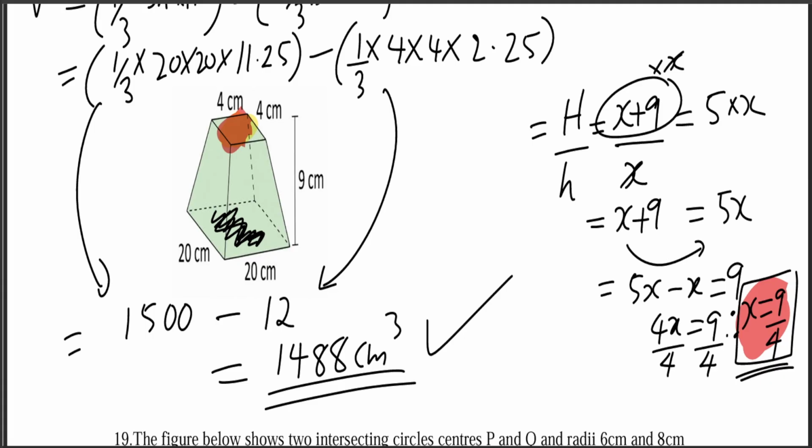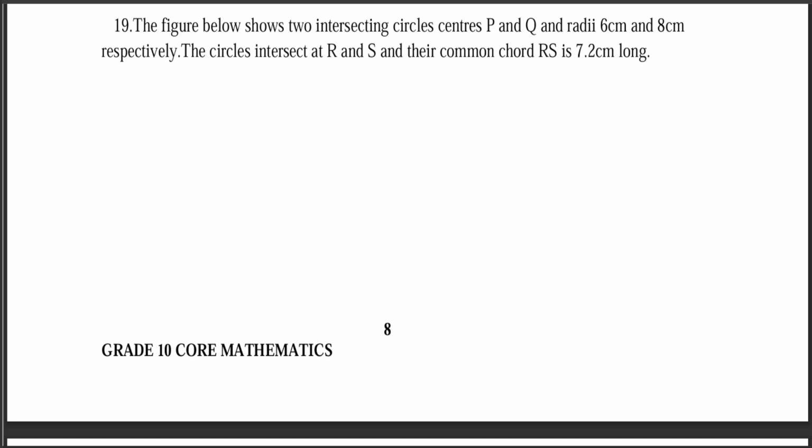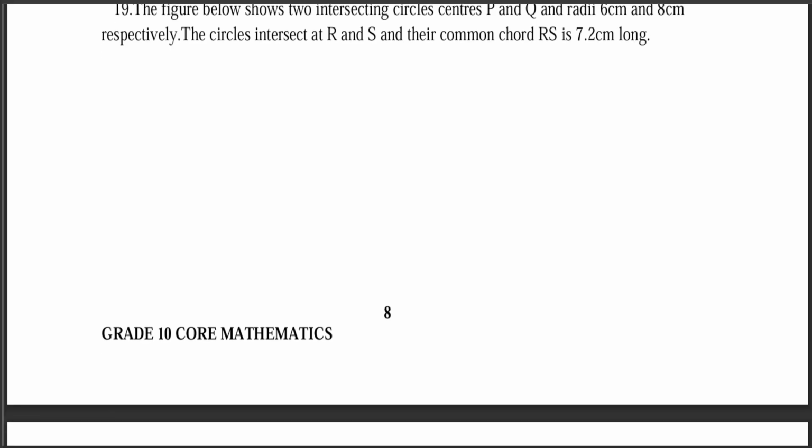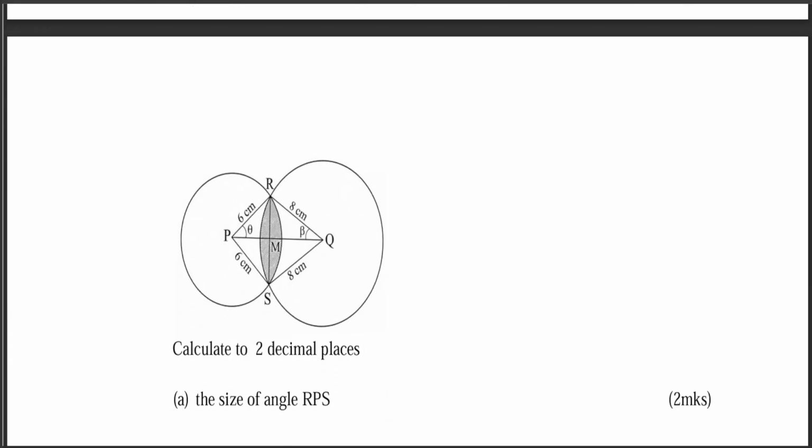Now, let's head to the last question about sectors. The figure below shows two intersecting circles P and Q with radii 6 centimeter and 8 centimeter respectively. The circles intersect at R and S, and their common chord RS is 7.2 centimeter long.